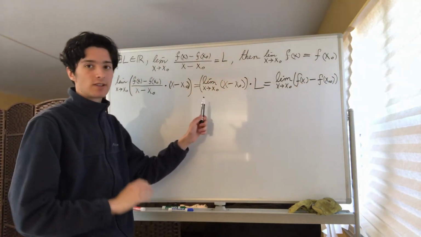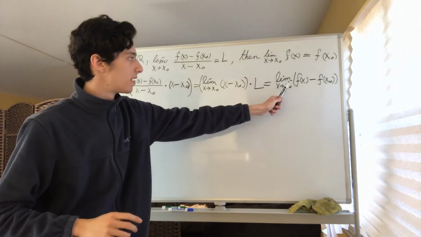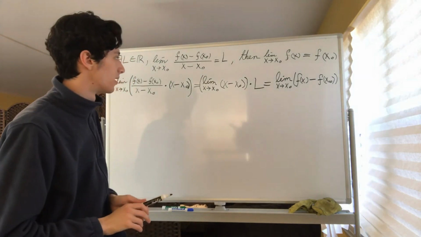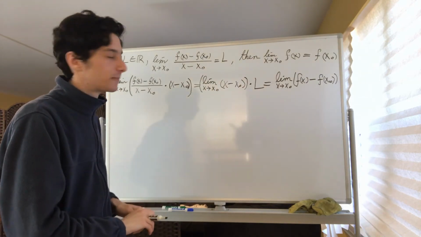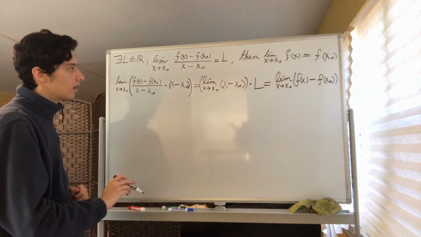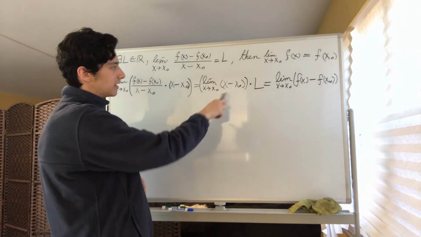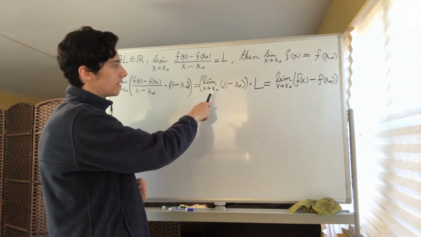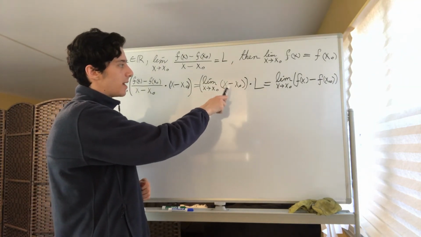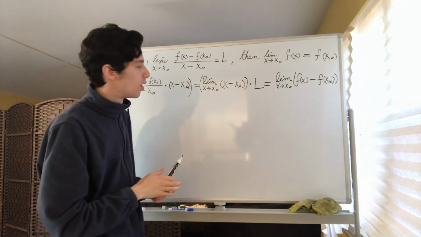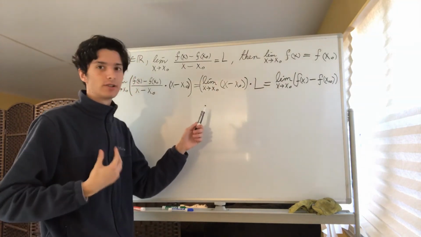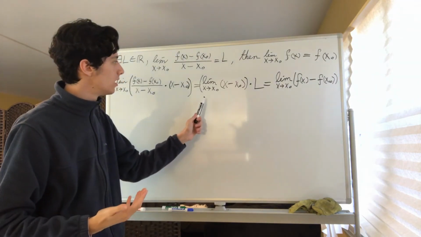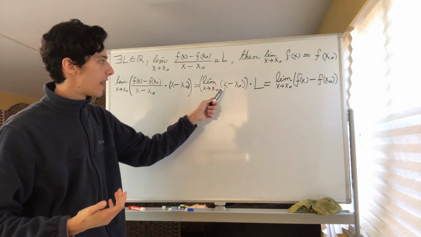So let's really focus on this last part of this equation, where we have these two limits that we know are equal to each other. So if we look at this limit, the limit as x approaches x naught of x minus x naught, what would we think that is? Right? You'll probably look at it and say, well, we could just simply plug in x naught for x.